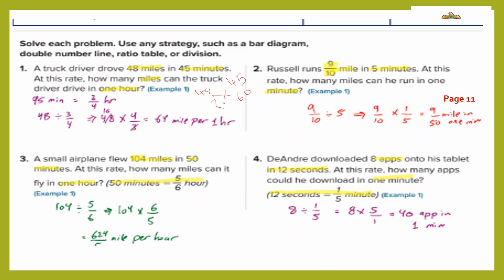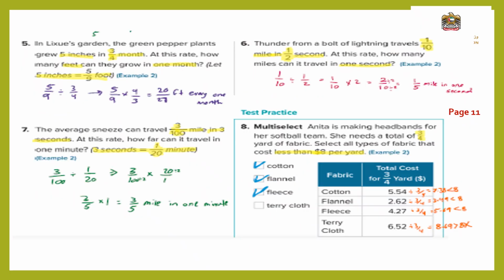This is the same thing. To find the unit rate, here they have given you a fraction. You see here 5 inches in 3 over 4 months. So in 1 month how much? Cross multiplication method or this division method, anything you can use, that's up to you.